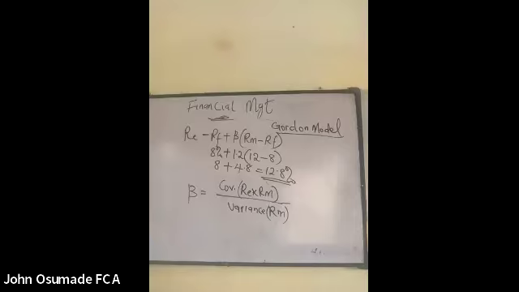You were there when I talked about the relationship. CAPM is looking at the relationship between risk and returns. And I said the beta factor or beta coefficient is what measures risk.